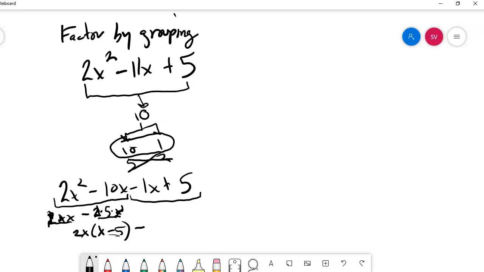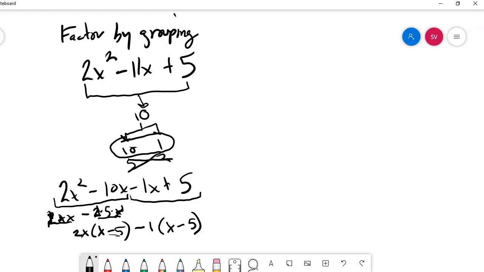So what I have to do is factor out a minus 1 because that will change everything that I put back in parentheses. It'll change the sign of it. So minus 1x is now plus 1x. A plus 5 is now minus 5, all because I factored out a minus 1. A minus 1, when I distribute it, will change the sign of everything in parentheses.